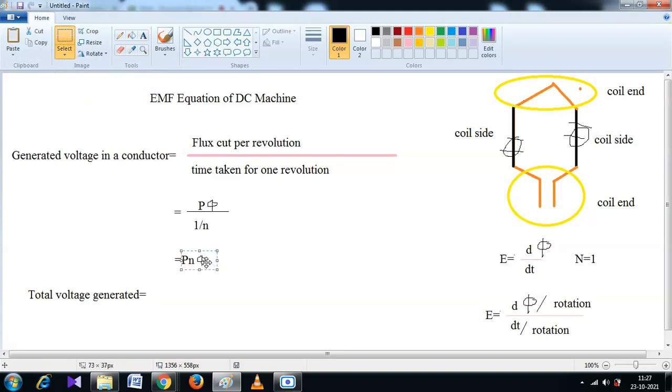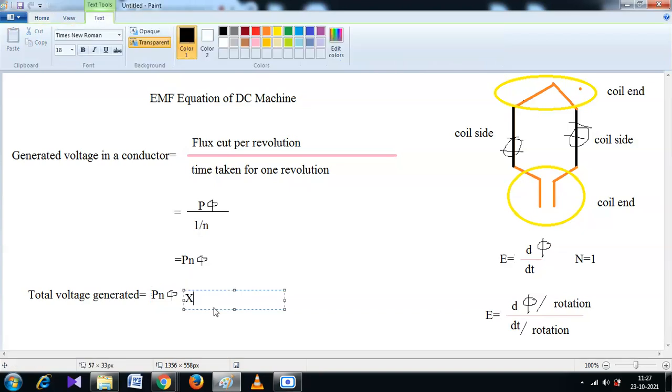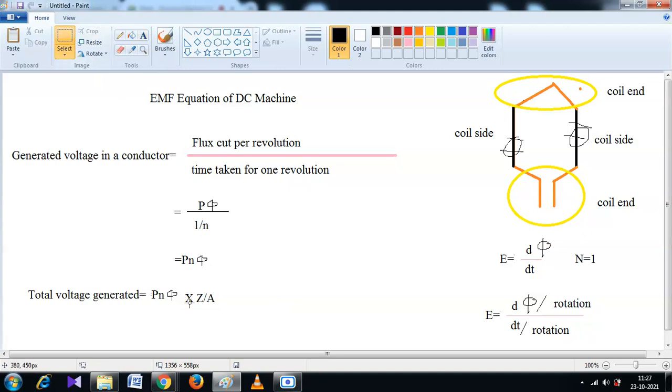Z by A. That means the total voltage is equal to the voltage generated in one conductor into the number of series conductors.